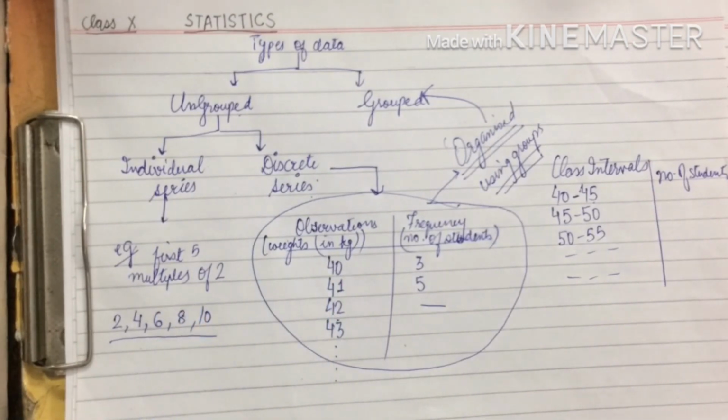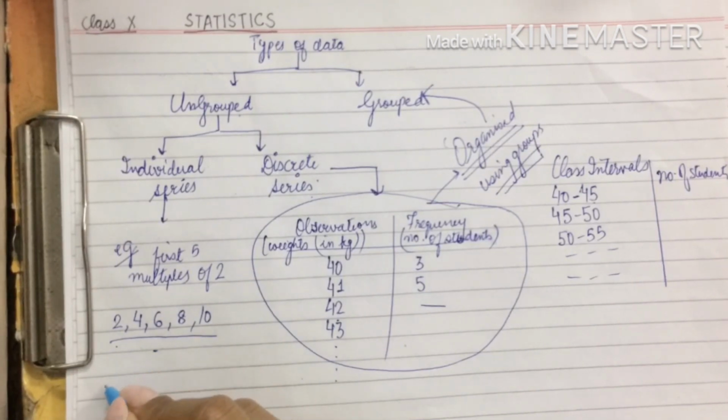For the first time when you learn to find out the mean for data given, the simplest formula that's taught to you is sum of observations divided by number of observations. So if you had to find out the mean for the first 5 multiples of 2, what you will do is you'll add all these values and divide by the number of observations.